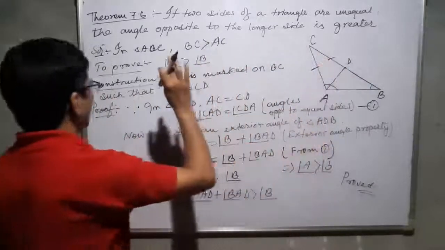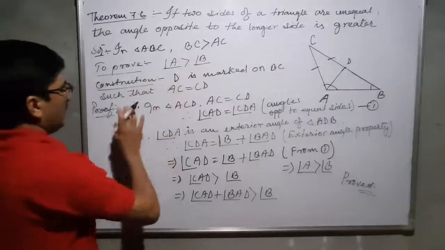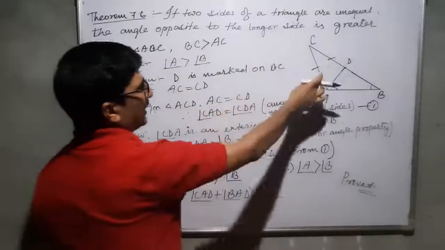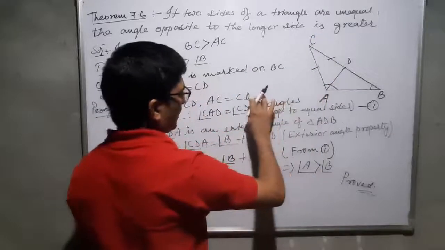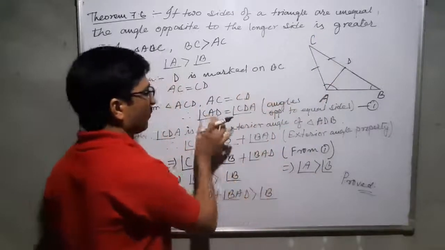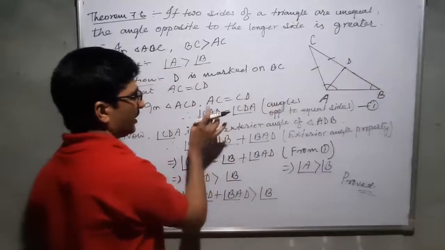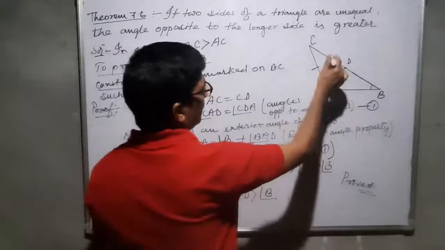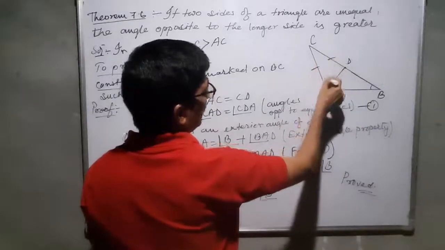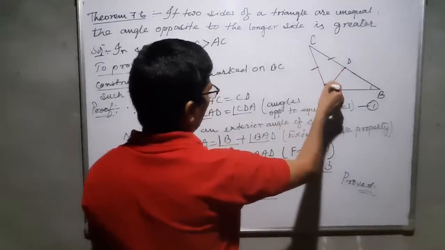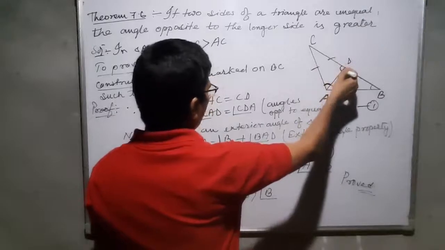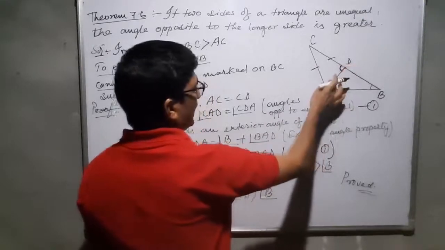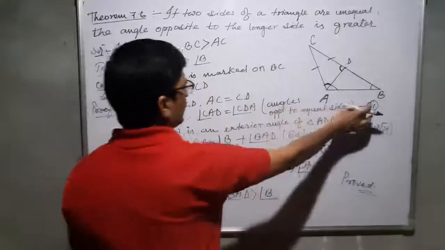Now the proof: in triangle ACD, AC is equal to CD by our construction. It is an isosceles triangle. Therefore the base angles are equal: angles opposite to equal sides are equal. If this side and this side are equal, then this angle and this angle will be equal. That means angle CAD is equal to angle CDA. This is equation 1.